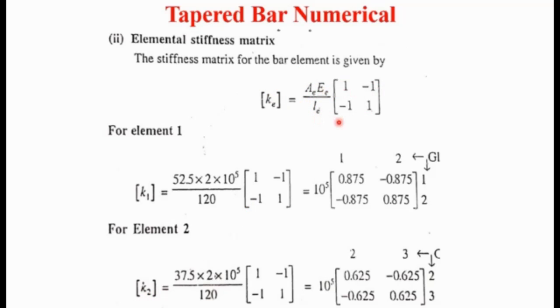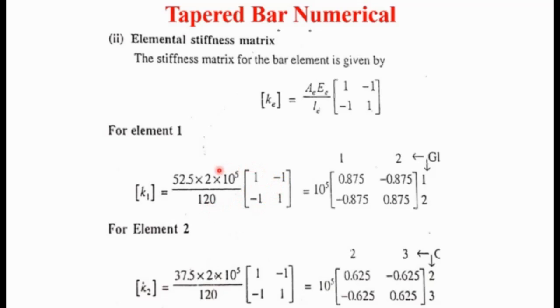By putting all these values in, we can calculate the stiffness matrix for the first and second elements. So for the first element, K1 is equal to A1, that is 52.5, into E1, which is 2 into 10 raised to 5, divided by L1, which is 120, into [1, -1; -1, 1].